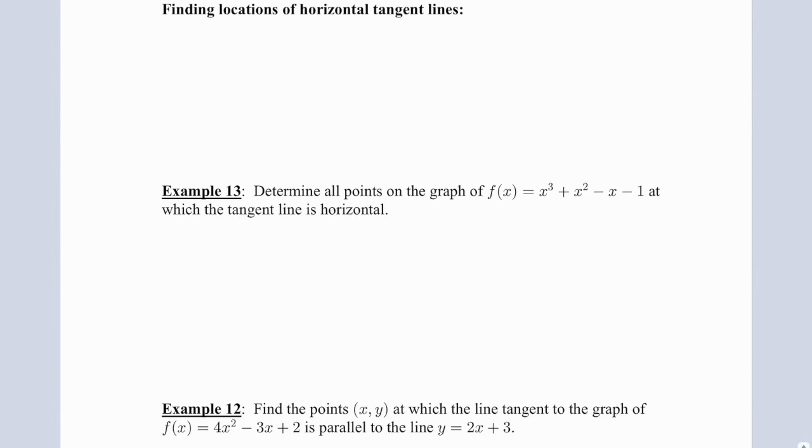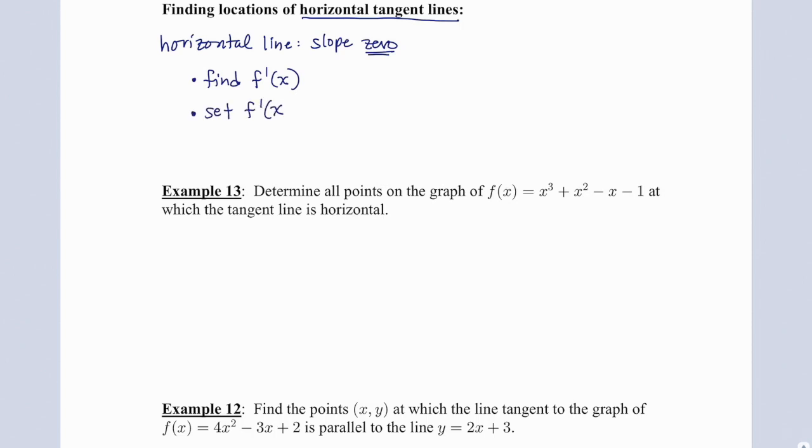All right, then the next thing we want to talk about is if we want to find locations of horizontal tangent lines. What you want to remember is that a horizontal line has slope 0. So if I want to find the locations of horizontal tangent lines, I will find the derivative, because the derivative tells me the slope of the tangent line, set f prime equal to 0 after I find it, and solve for x.